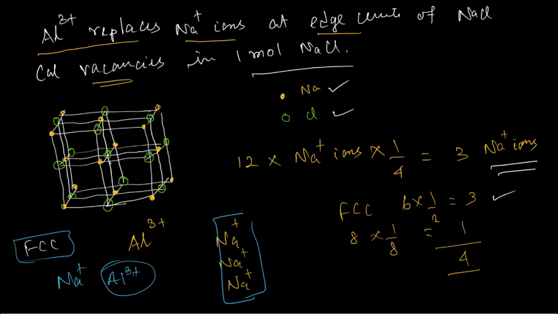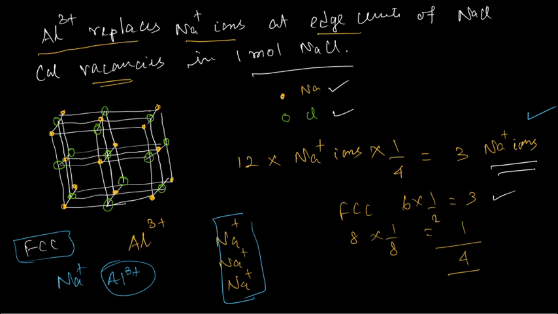Now we need to calculate for 1 mole of NaCl. So 12 into Na plus ion into 1 by 4, we know already it is 1/4, so 3 sodium ions. And what about the face centered? Each face is shared by 2 units. So 6 into 1 by 2, that is equal to 3. And we know already 8 into 1 by 8 is equal to 1. So 3 plus 1, 4.